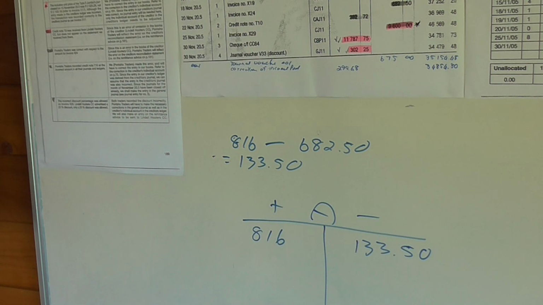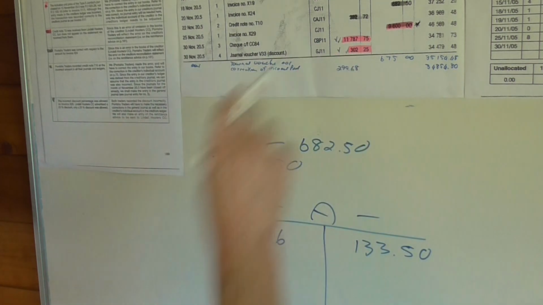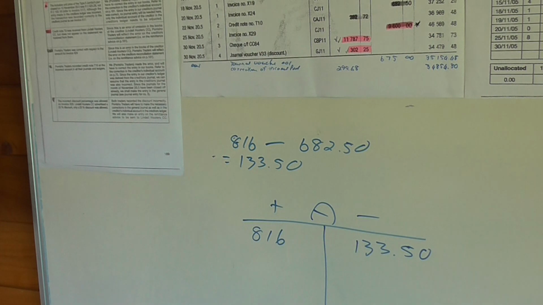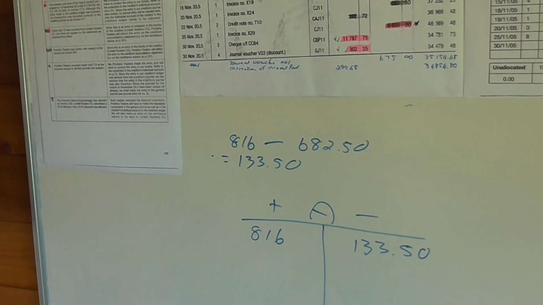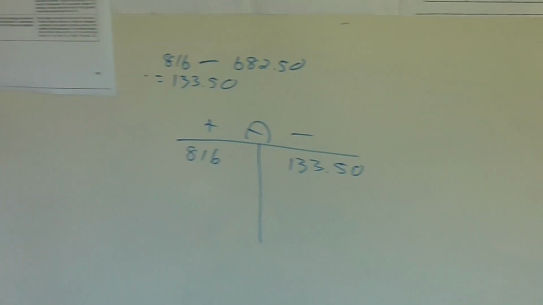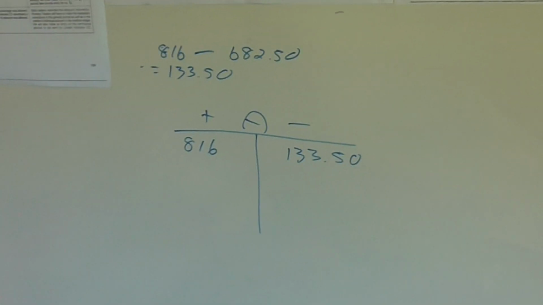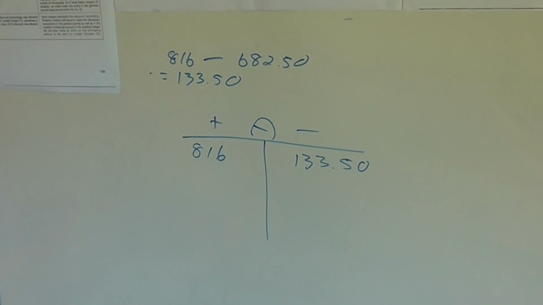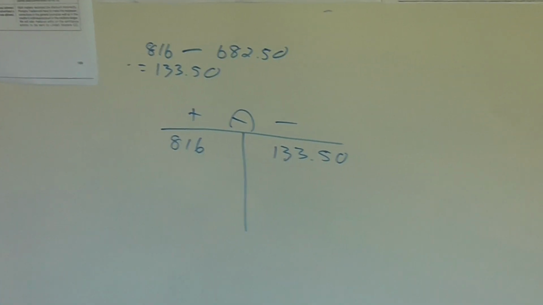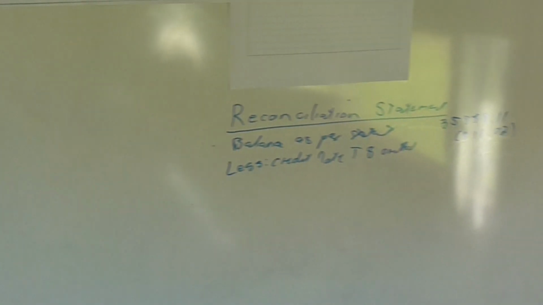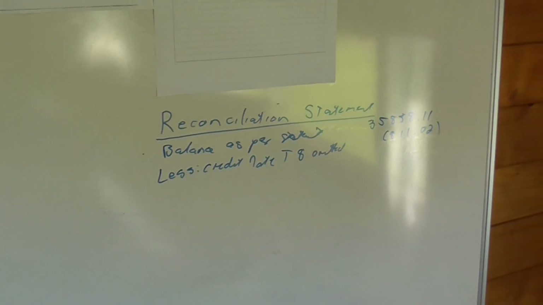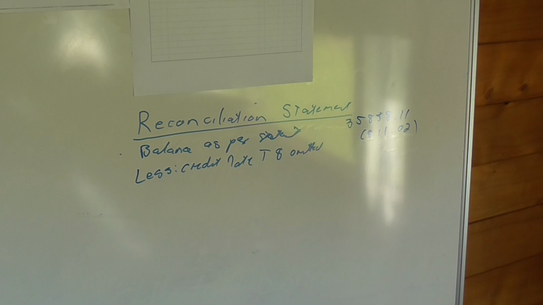Okay, to get the balance, and if you balance that, you will get to 682.5. So once again, because it was Lindell Hooters' mistake, wasn't our mistake, we need to fix that in the recon statement. But remember what we said, the 133.50 gets credited, which means it's going to get deducted. Okay, so let's quickly put that one in there.